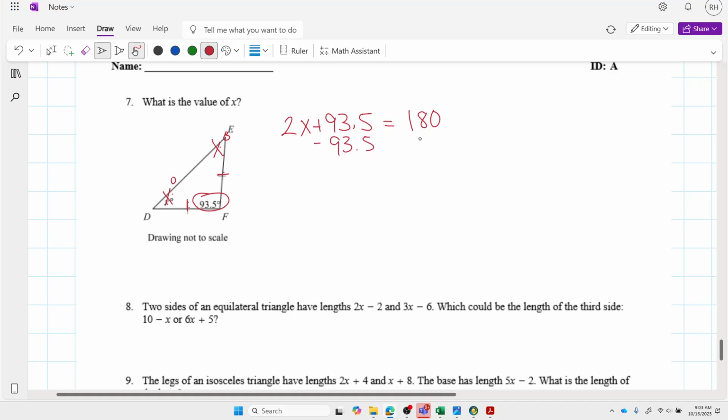So subtract 93.5 from each side. 2x equals 86.5. And then divide by 2. 43.25.